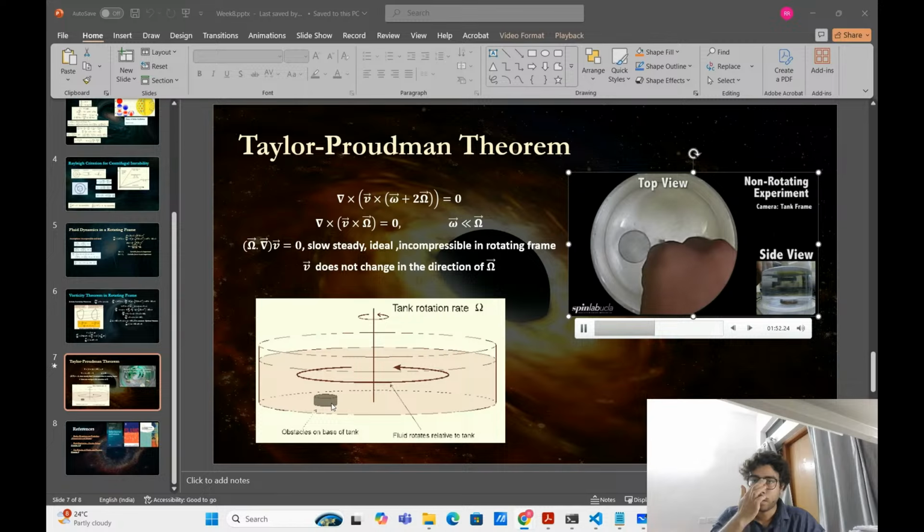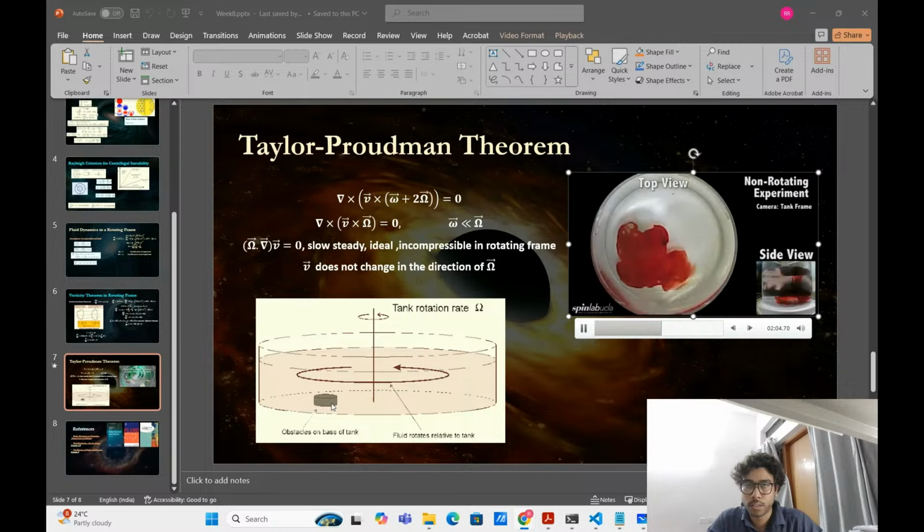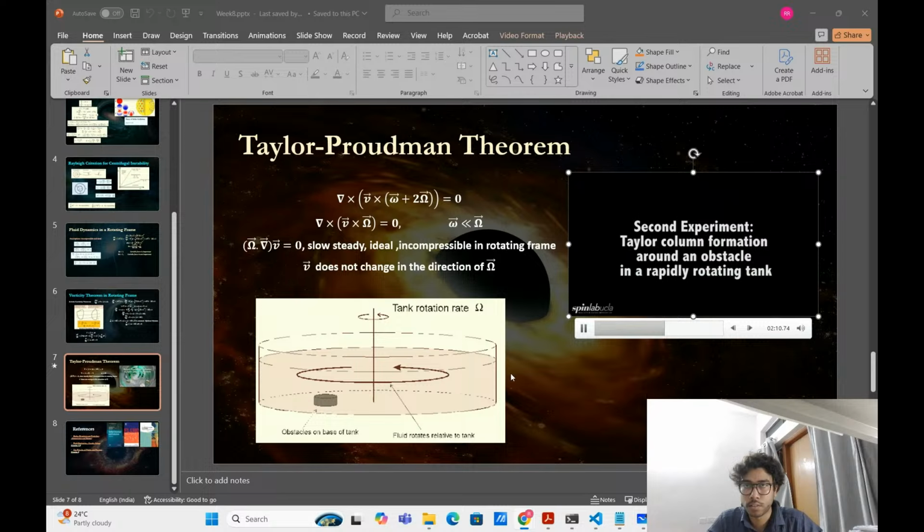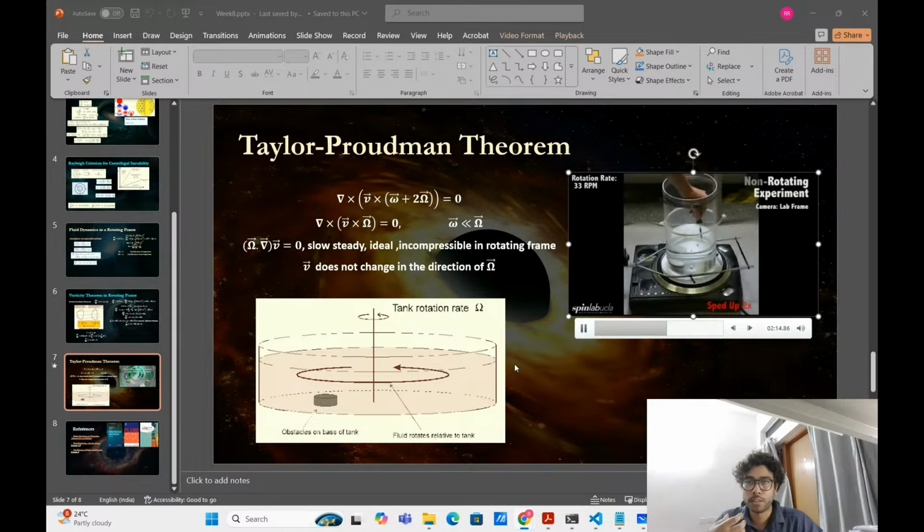There they put some dye, and they will start rotating the jar. So this column of fluid is what they are calling the Taylor column, right?